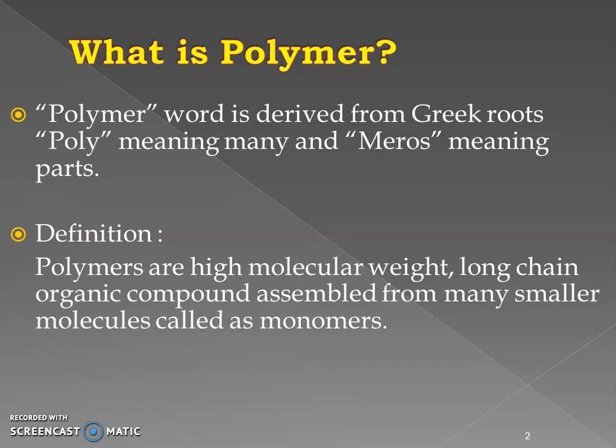Polymers are generally high molecular weight compounds having long chains, assembled from a single unit called a monomer. These monomers combine with each other to form a high molecular weight compound called a polymer.